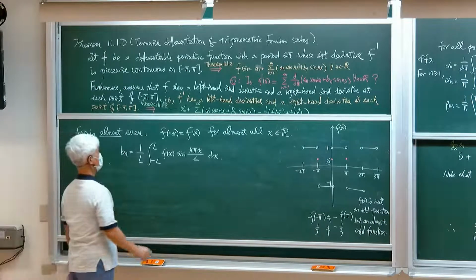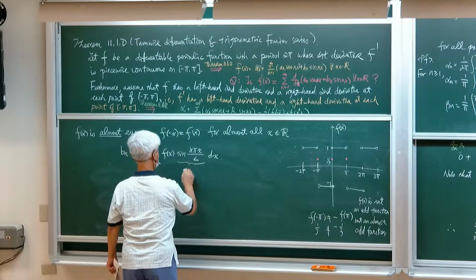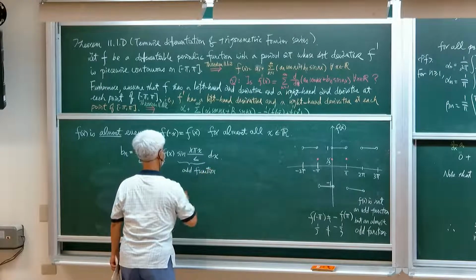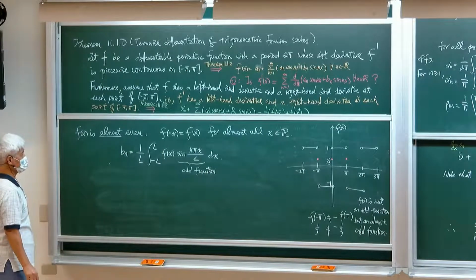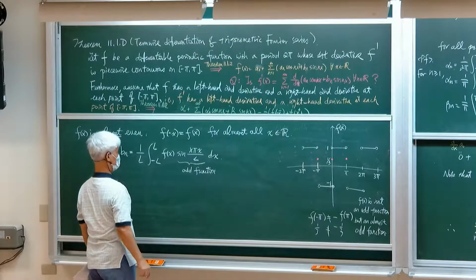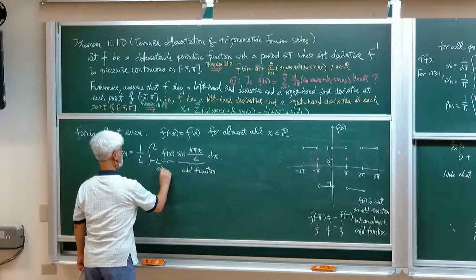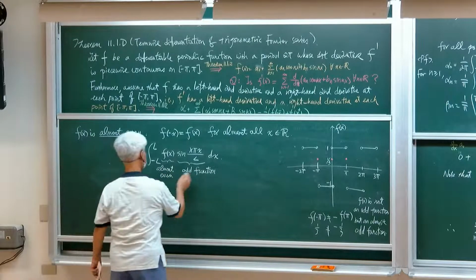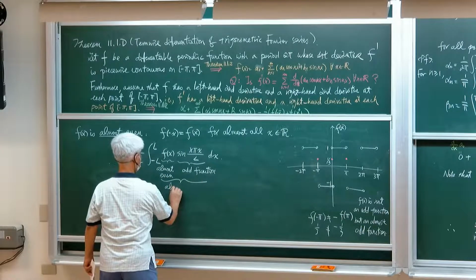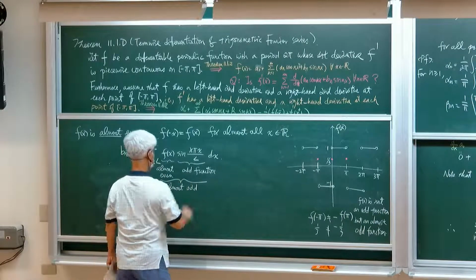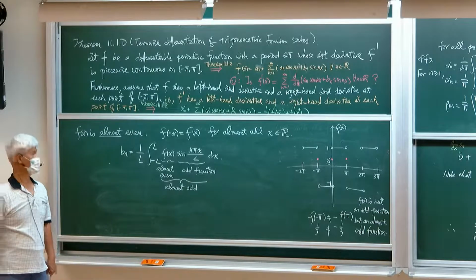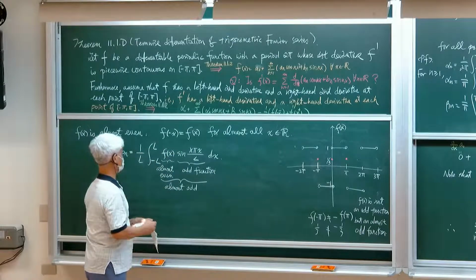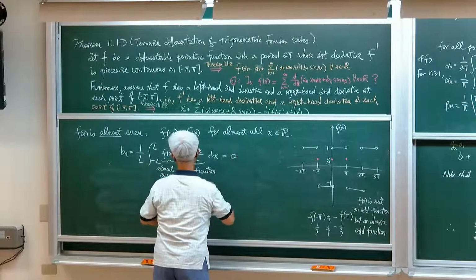Now this one is an odd function, and this one is essentially even, so this is an almost even function. Together this becomes almost odd. And when you integrate an almost odd function over minus L to L, then the value is 0.